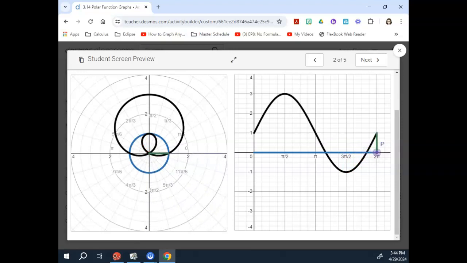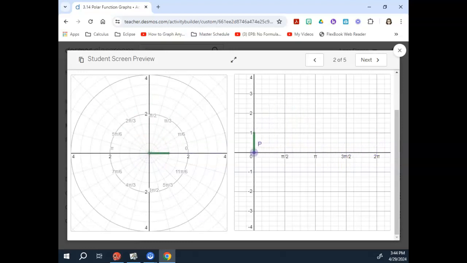Now watch what happens on the right-hand side, on the rectangular graph. When I'm looking at the distance from my function to the origin, I'm looking over here at the distance from the function to the x-axis. My distance from the function to the x-axis is increasing, just like the function was getting farther away from the origin.